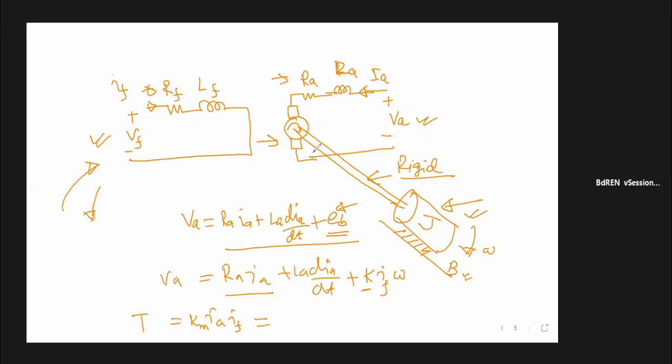And the third component can be stored in something like a spring. If your shaft is rigid, then that term is not there. So generally we can write J times the rate of change of angular speed, that is the angular acceleration, plus B into omega. This is that equation. You can easily see that you have your equation there. One, VF is equal to RF plus LF into dIF by dt.